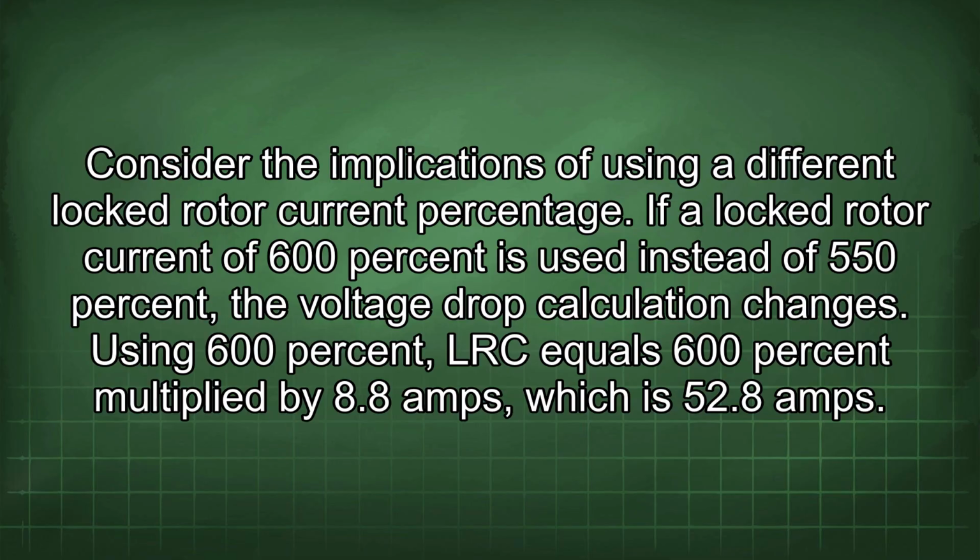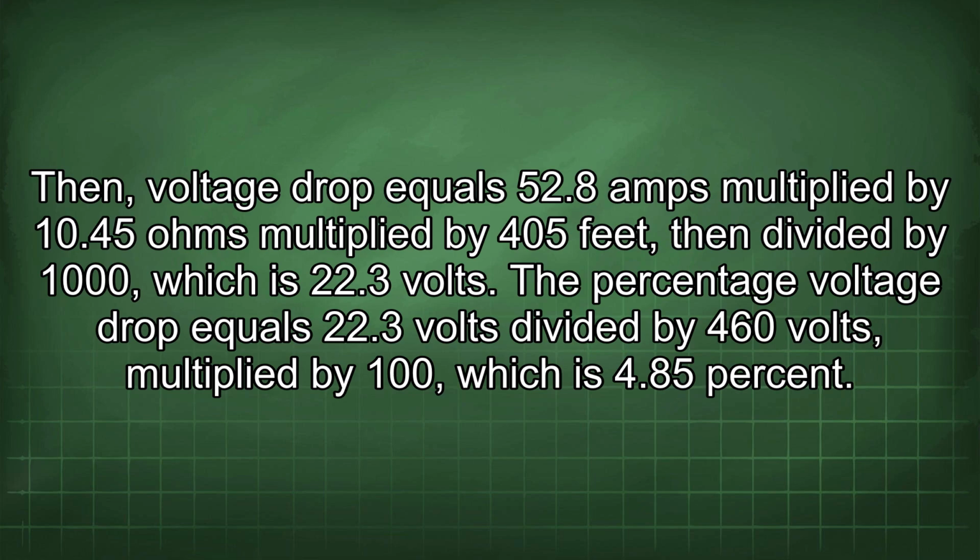Using 600%, LRC equals 600% multiplied by 8.8 amps, which is 52.8 amps. Then, voltage drop equals 52.8 amps multiplied by 10.45 ohms multiplied by 405 feet, then divided by 1000, which is 22.3 volts.